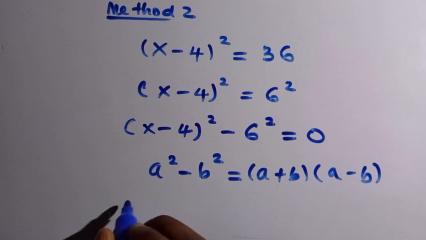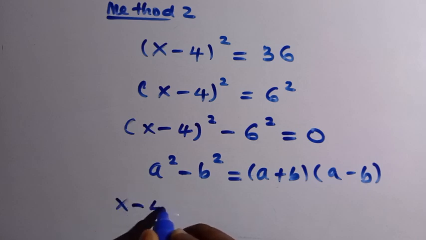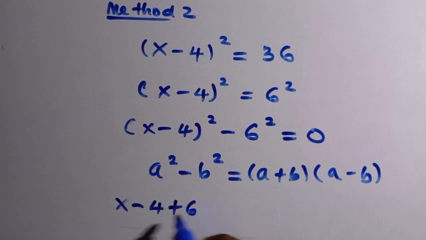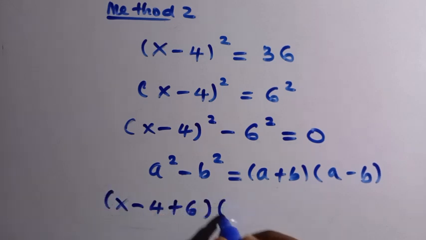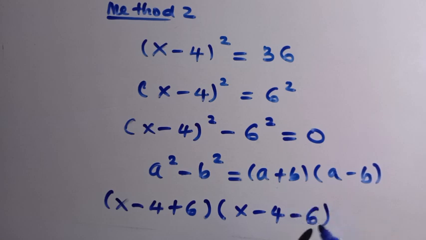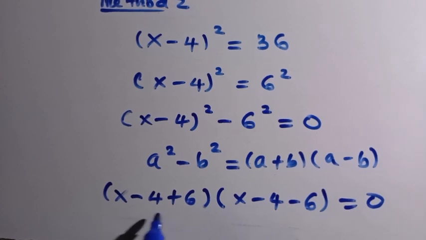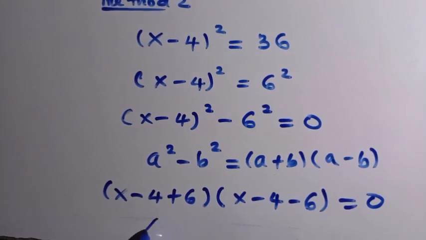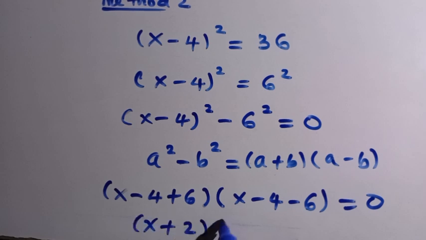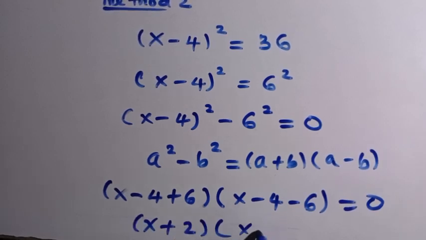What we have is (x - 4 + 6) multiplied by (x - 4 - 6) equals 0. For this one, we have x + 2, and for this one, we have x - 10 equals 0.